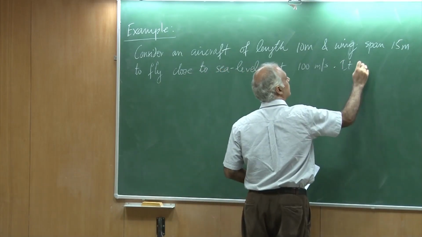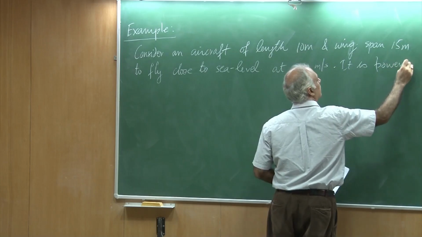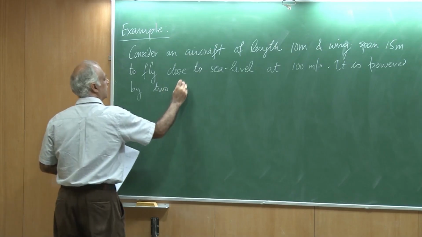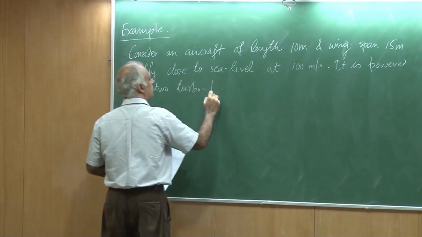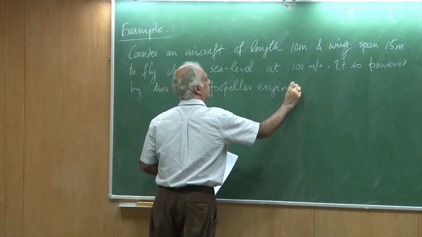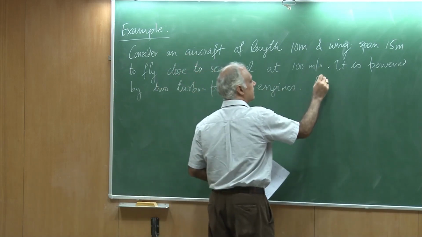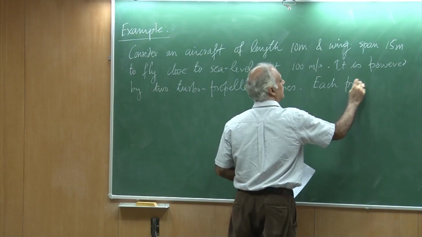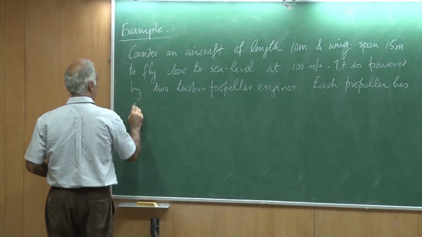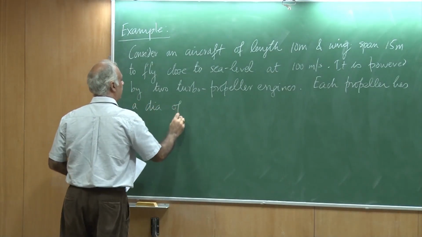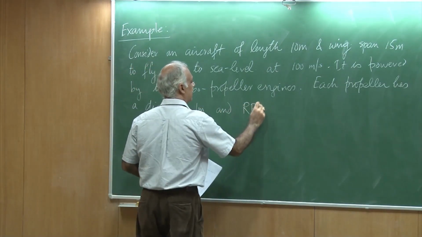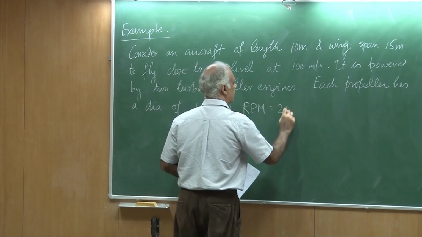It is powered by 2 turbo propeller engines, each propeller has a diameter of 1 meter and RPM is 2000.